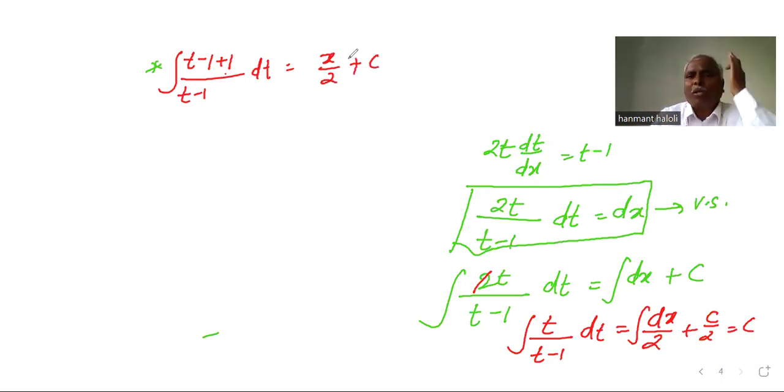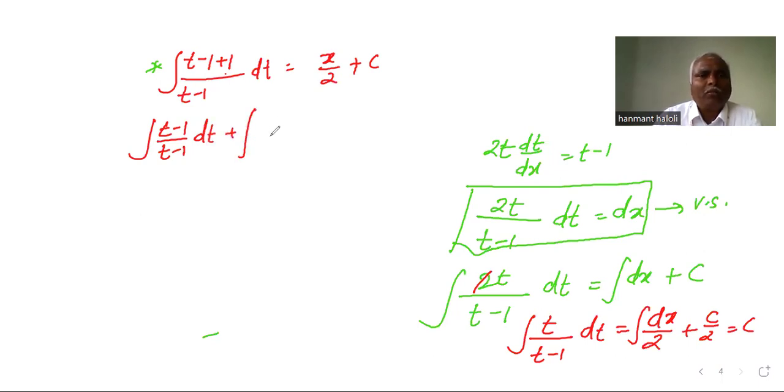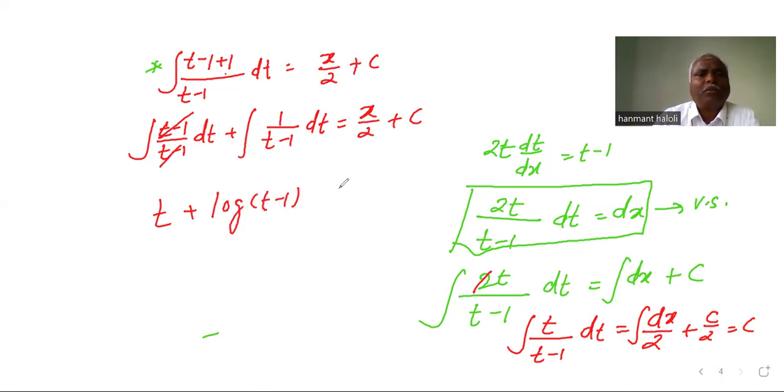Now separate, we get integral t minus 1 upon t minus 1 dt plus integral 1 upon t minus 1 dt equal to x by 2 plus c. Therefore, this cancels, means 1 remaining, integral of 1 is t, plus the integral of 1 upon t minus 1 is log of t minus 1, is equal to x by 2 plus c.